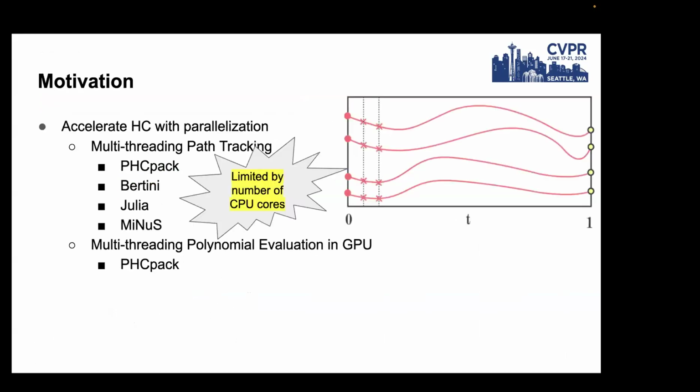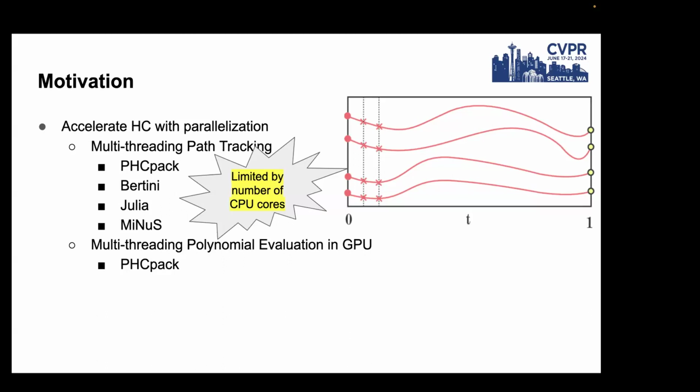Okay. And how are we going to accelerate it by a quite straightforward parallelization idea? There are a bunch of implementations out there that implemented this multi-threading path tracking idea, including PHCpack, Bertini, Julia, and Macaulay2. They all have such functionality, but the main bottleneck is that it's limited by the number of CPU cores.